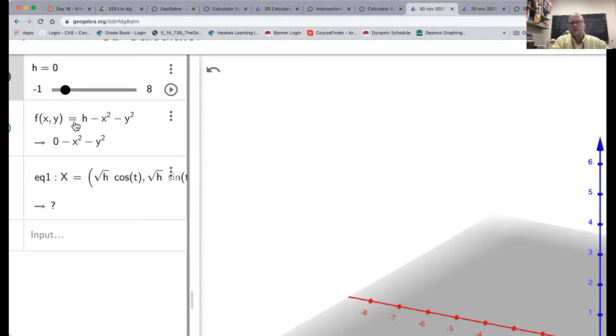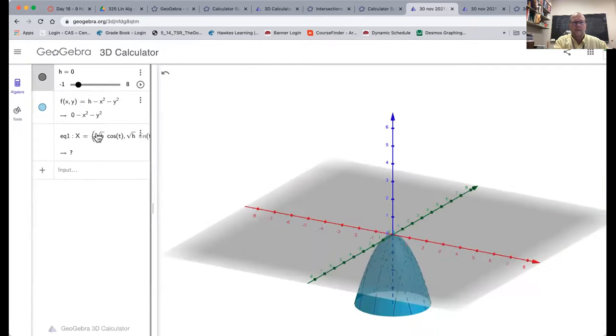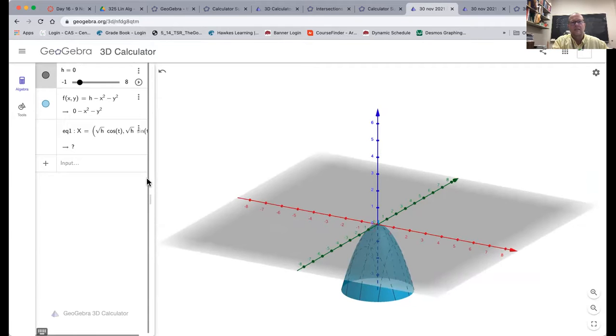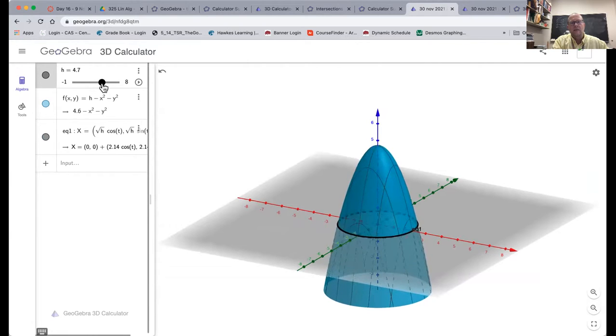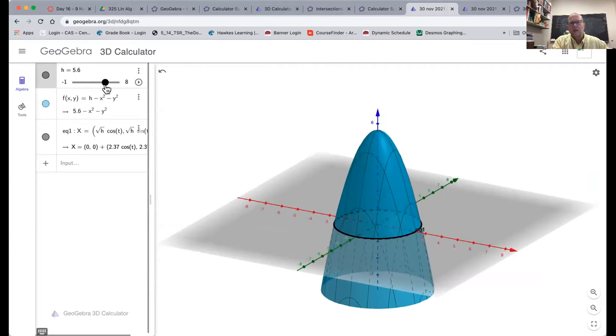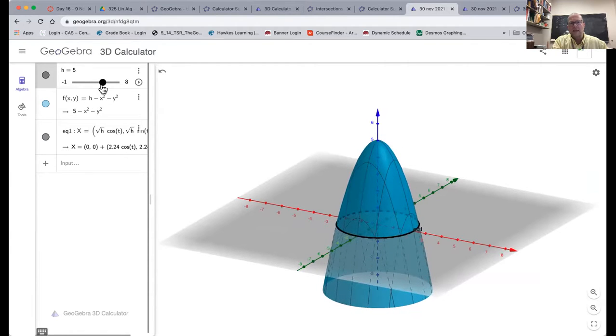And then I wrote the function f of x y to be h minus x squared minus y squared, like we saw in the problem. And then I did something else here that I'll talk about in a second. But what I wanted to do was to see what happens here as we have that object, that paraboloid, pushing up through the xy plane.